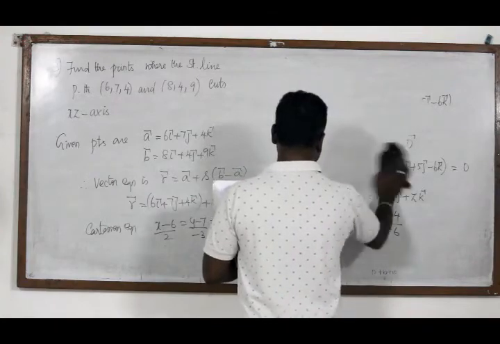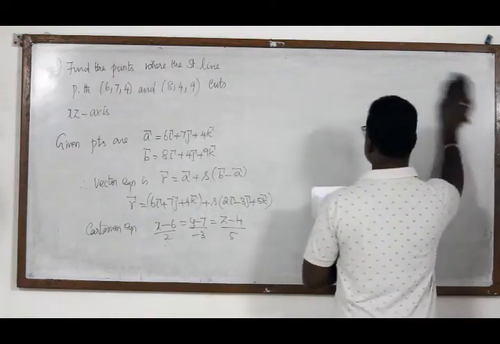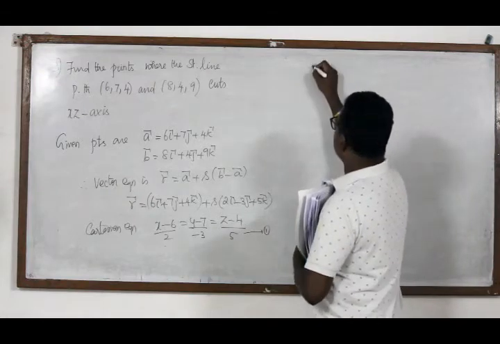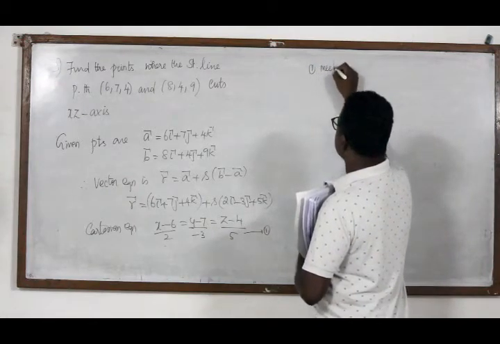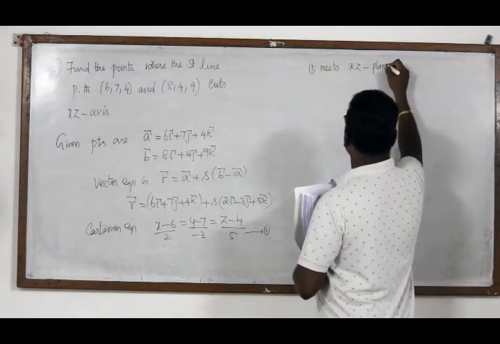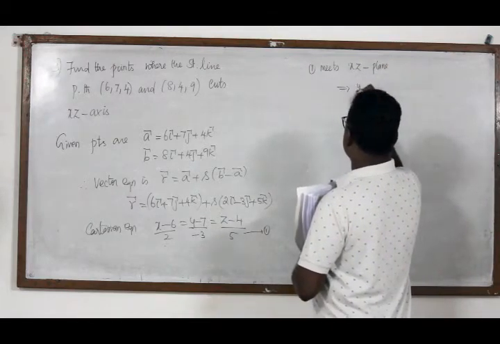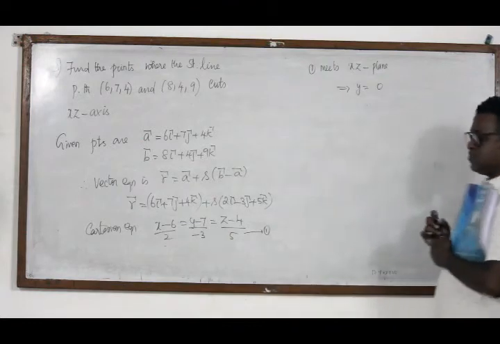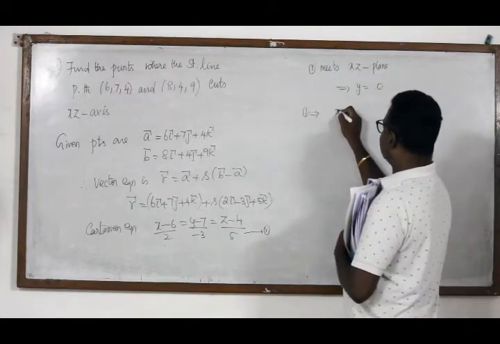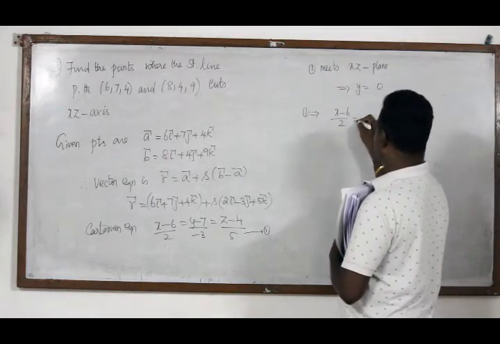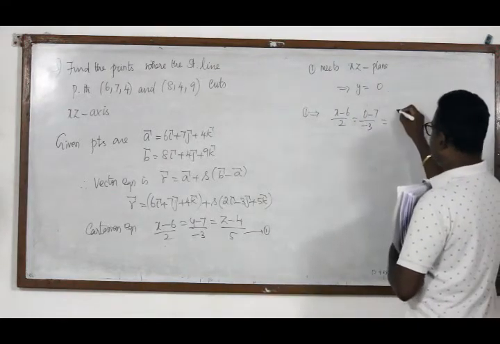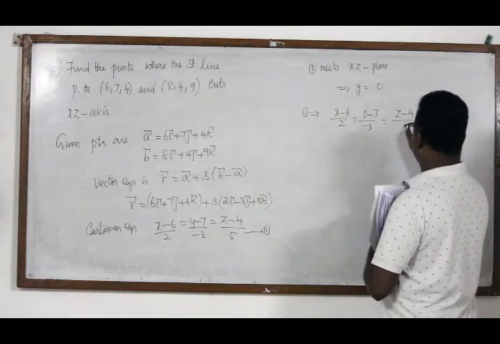This line meets the xz plane. This we shall keep as 1. Now if it meets the xz plane, this implies there is no y. That means y equal to 0. Then 1 becomes, substituting y as 0, x minus 6 by 2 equal to 0 minus 7 by minus 3, equal to z minus 4 by 5.